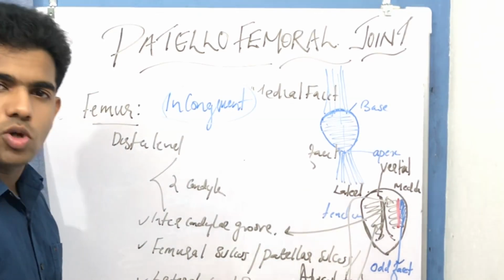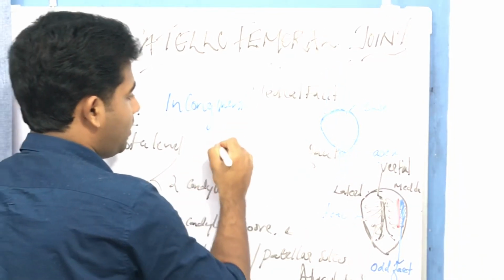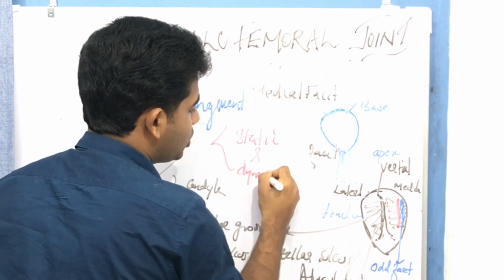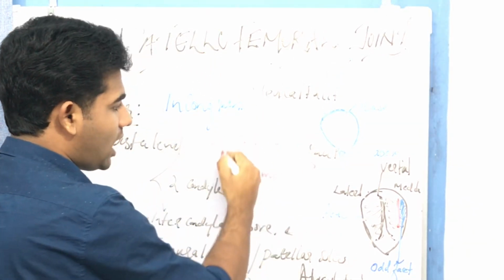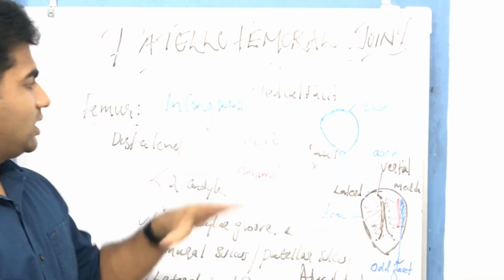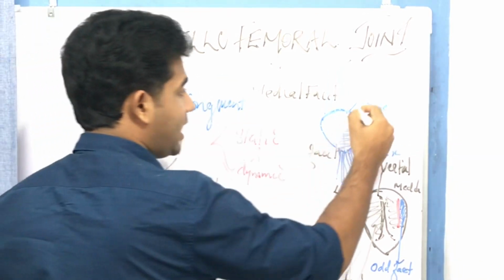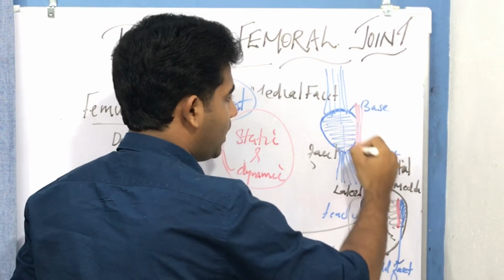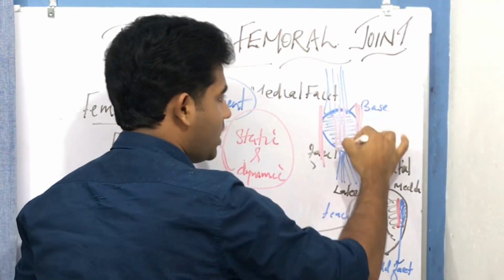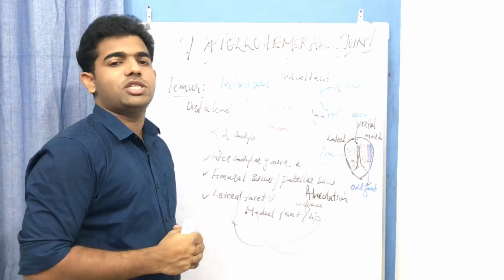When a joint is incongruent, there is a greater need of static and dynamic stabilization to keep the joint as such and to provide the joint range of motion. The static stabilization is provided by various ligament systems which we discussed, like the lateral patellofemoral ligament, medial patellofemoral ligament, lateral retinaculum, extensor retinaculum, and various other structures which we will discuss in the next sessions.